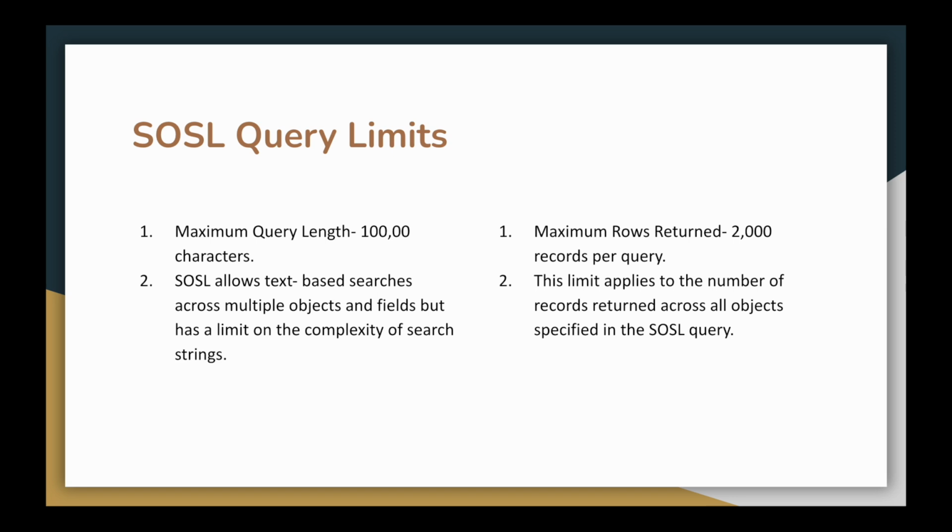But SOSL has a limit on the complexity of such searches, and it can return a maximum of 2000 records per query, and this limit applies to the number of records returned across all objects specified in the SOSL query.